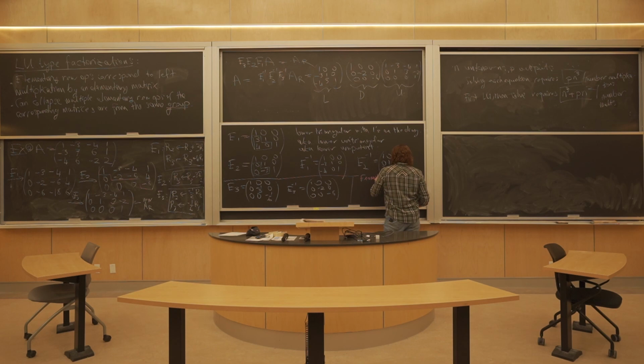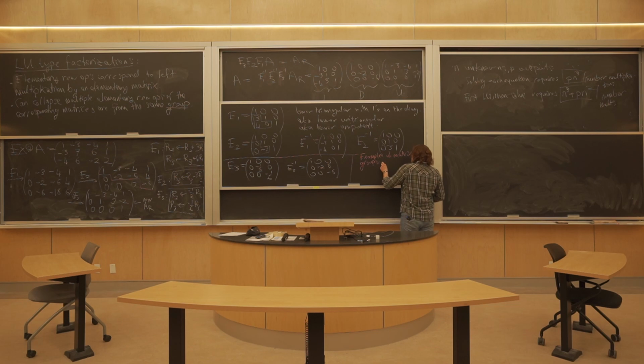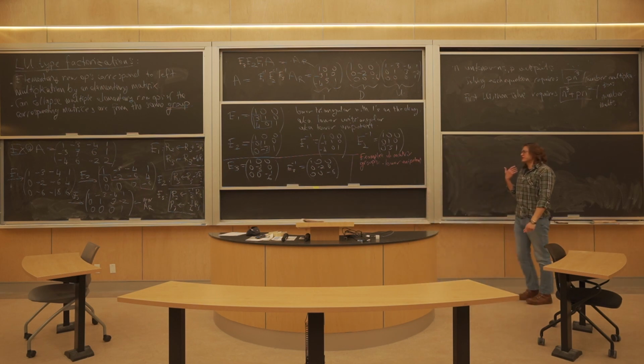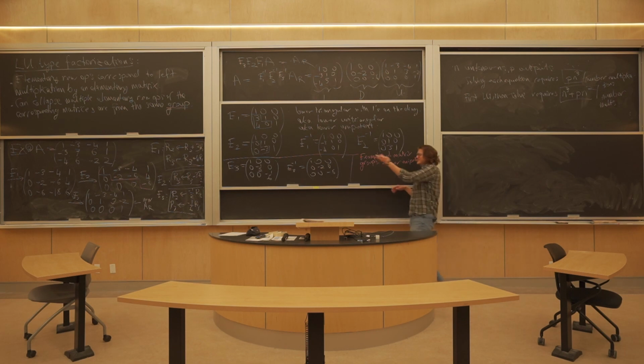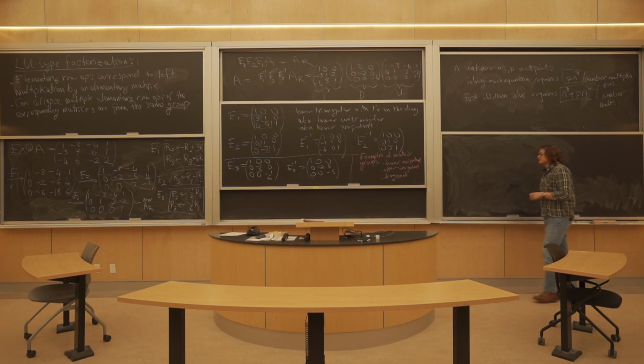Examples of matrix groups: lower unipotent. Of course, the same thing holds for upper unipotent as well. I can think of upper triangular matrices. In this case, I didn't use them, but I could if I wanted. And diagonal matrices is another group. It's another matrix group.